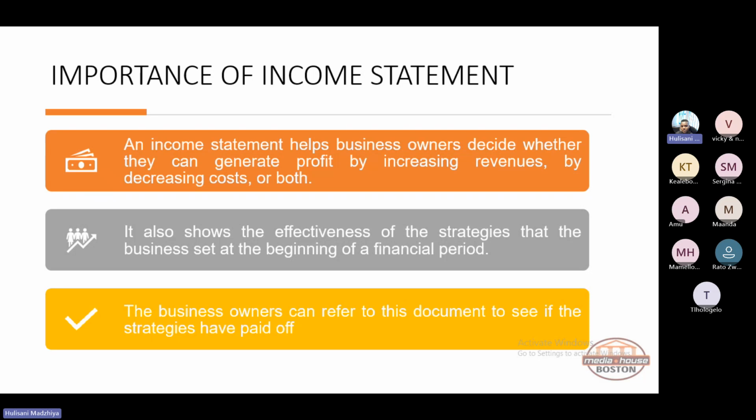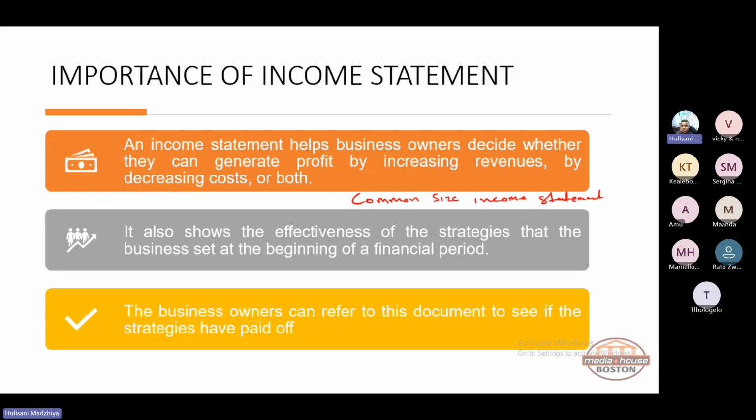So we also perform something called the common size income statement. When we perform the common size income statement, it allows us to see the difference between this year's cost and last year's cost against the revenue that was generated.